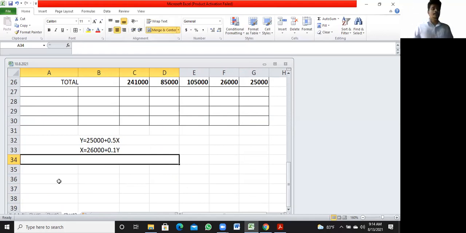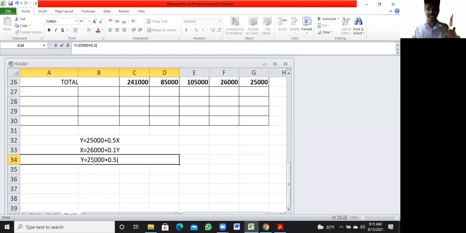Let's see. Here we have X equals 26,000 plus 0.1Y. So in the equation for Y, we can substitute this in place of X. Then Y equals 25,000 plus 0.5 within bracket, substituting our X equation, 26,000 plus 0.1Y.